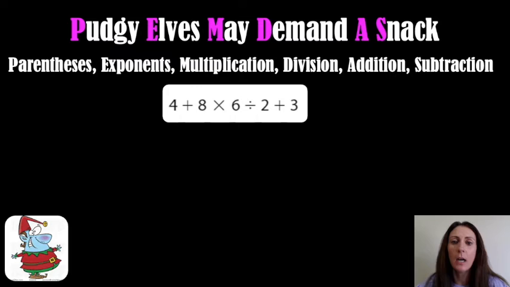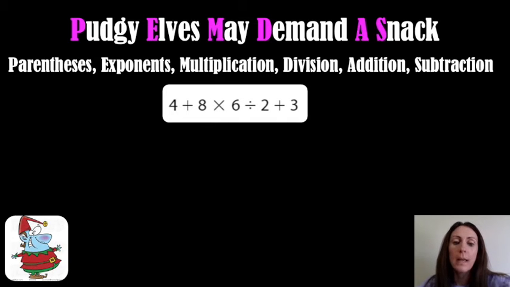Now we need to talk about what comes next: multiplication, division, addition, and subtraction. This is where it can get a little tricky when we're solving problems using order of operations. It's not cut and dry. It's not that we do multiplication, then we do division, then we do addition, then we do subtraction. I wish it was that easy.